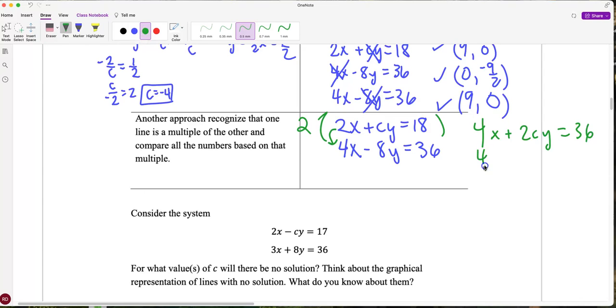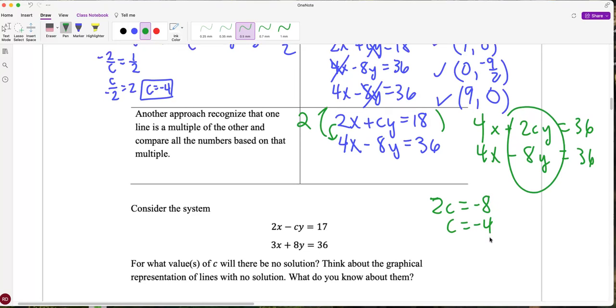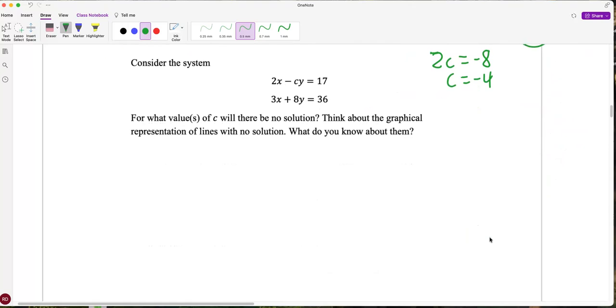And then the bottom equation is 4x minus 8y equals 36. If these equations are identical, then 2c equals negative 8, or c equals negative 4. So, multiple ways of looking at that particular scenario.